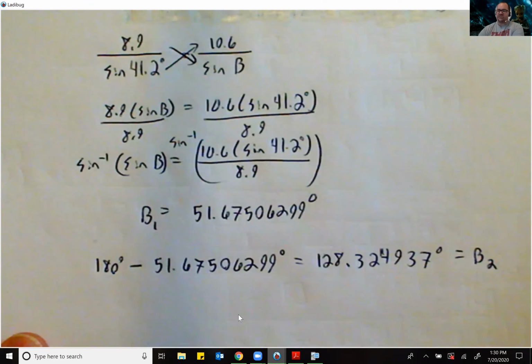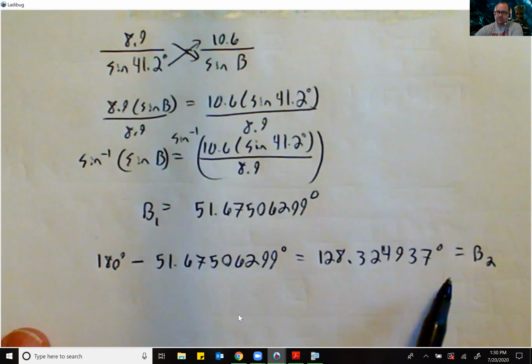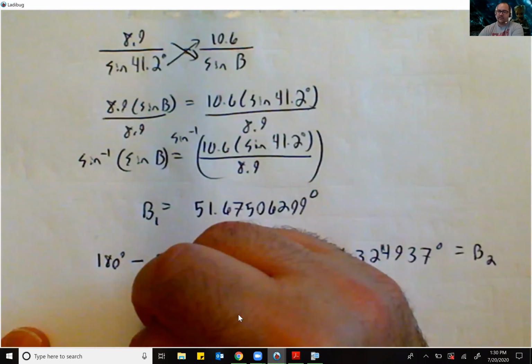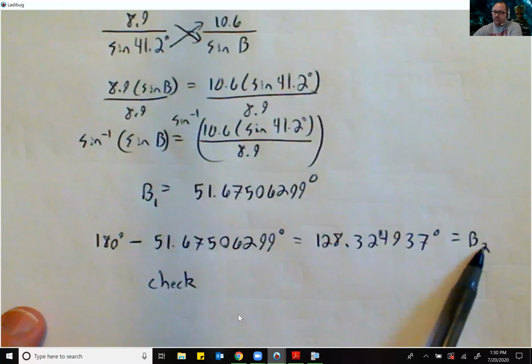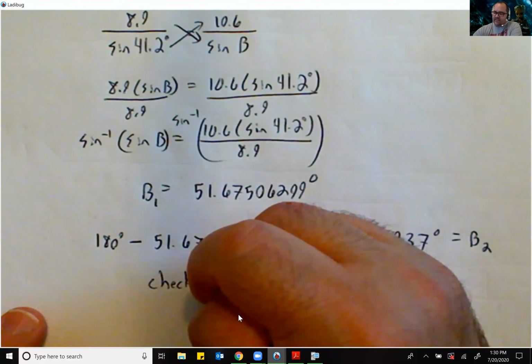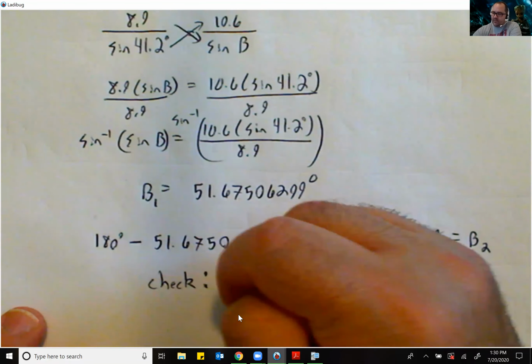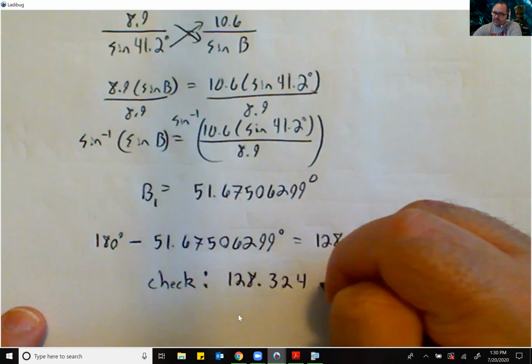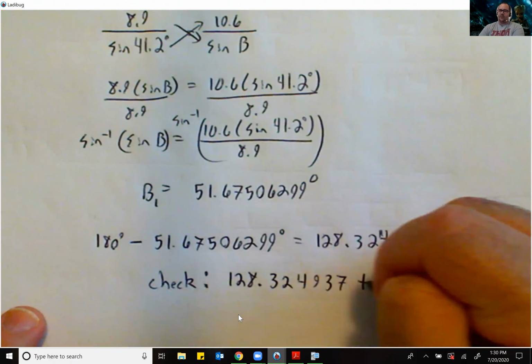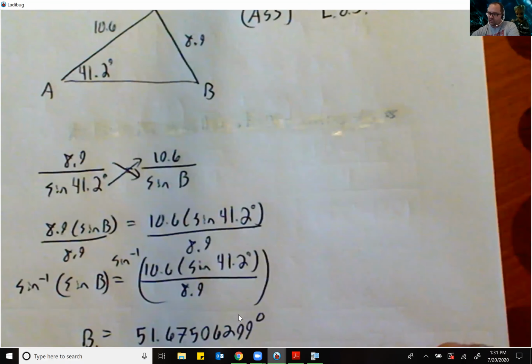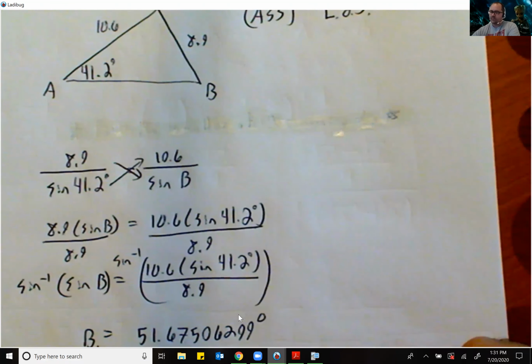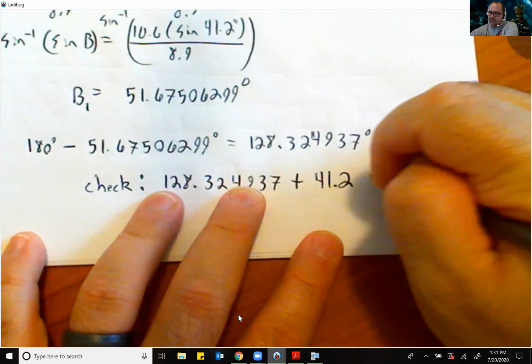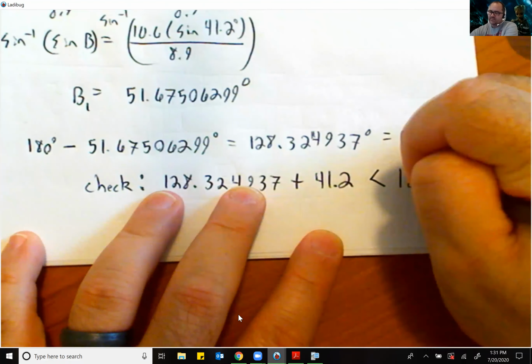But you got to check it. So you got to check the second angle. And what we need to do in order to check it is we're going to take that 128.324937 and add it to our angle A we had up here, which is 41.2. And we want to know, is this less than 180 degrees?